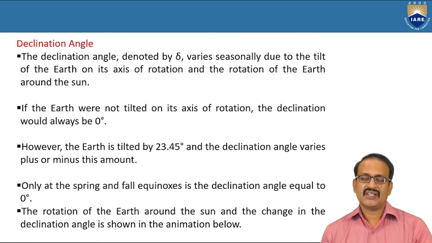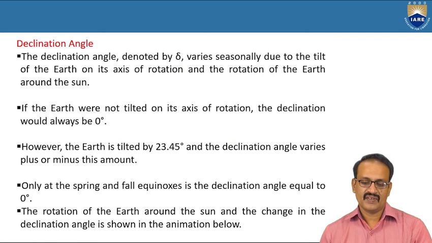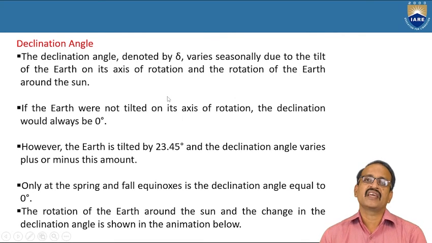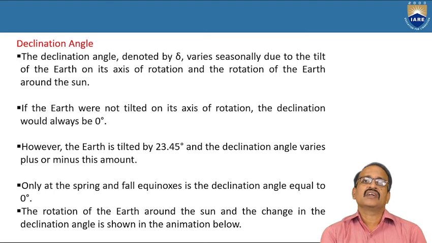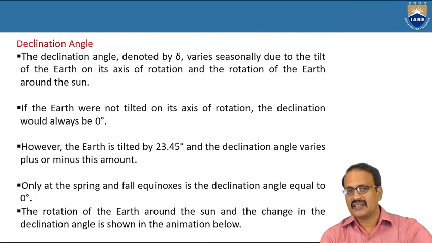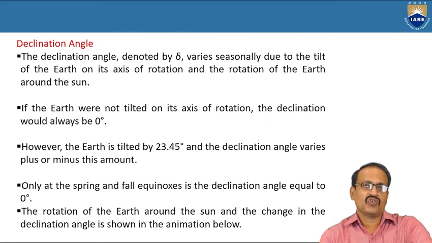And the declination angle. It is denoted by theta, varying seasonally. Normally, the Earth is inclined; it rotates in an inclination. That's why you will get 6 months of sun at the North Pole and 6 months of sun at the South Pole.